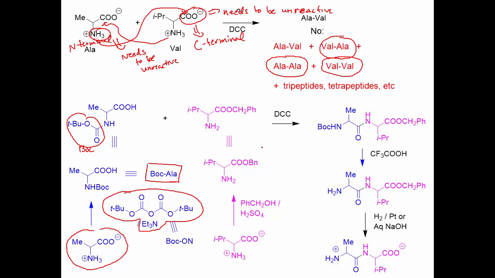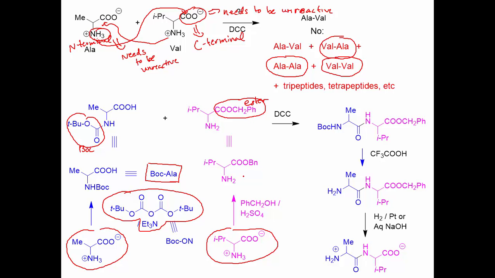All right, for the C-terminal amino acid, we're going to protect the carboxylic acid group as an ester. Okay, and we're just going to use the Fischer esterification to convert the free amino acid valine into the corresponding ester. And we're going to choose a benzyl ester here for its easy removal as well.